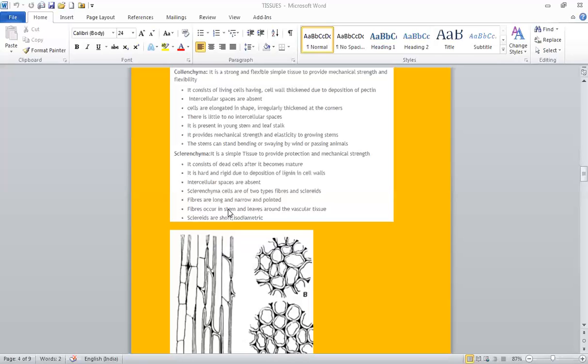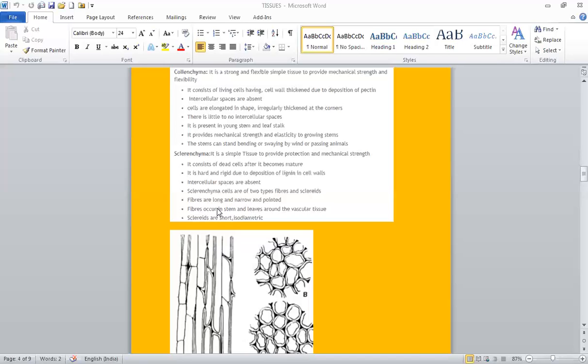Then we can say it is also responsible for mechanical support. You must all have observed that when there is a storm, or when the wind blows at high speed, the big plants bend, and the smaller plants, the creepers and the grasses, lie down on the floor, and whenever it stops, they become straight again.